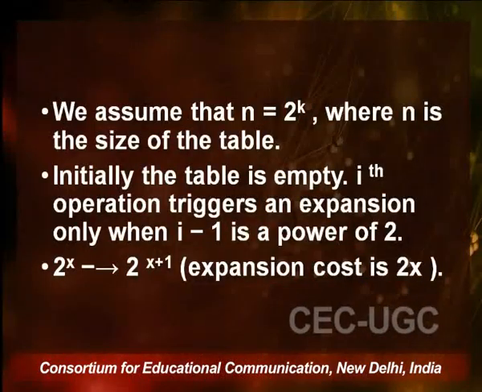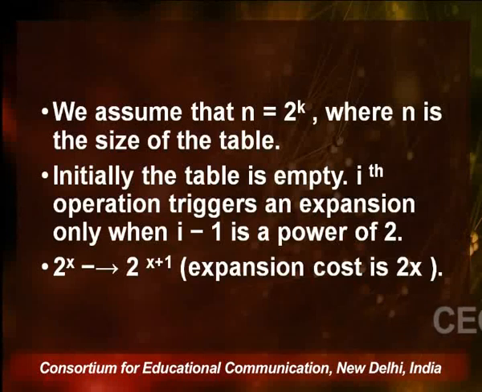Initially when my table is empty, that is fine. So the ith operation triggers an expansion only when i minus 1 is a power of 2, and the expansion cost here is 2x, that is okay.